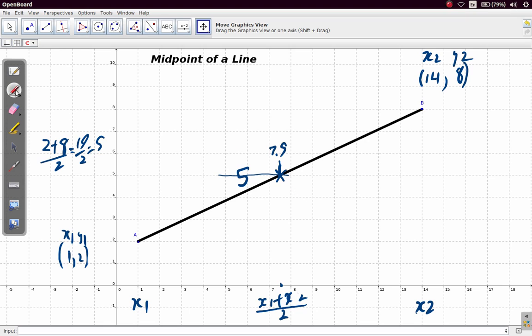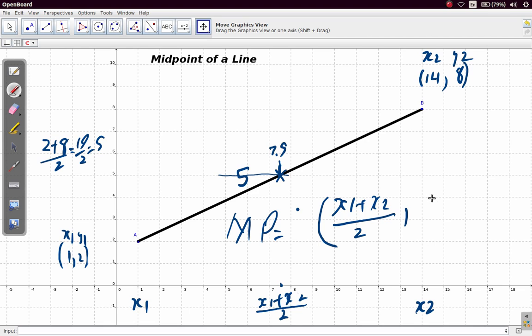Now, what we have here is a formula which we can use. Instead of just measuring, we can use this formula. So, the midpoint, call it MP. The coordinates of the midpoint, in terms of x, is x1 plus x2 over 2, comma.